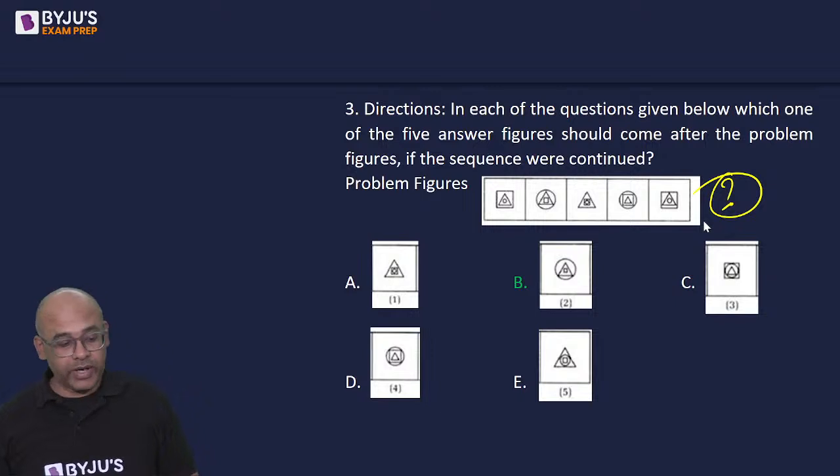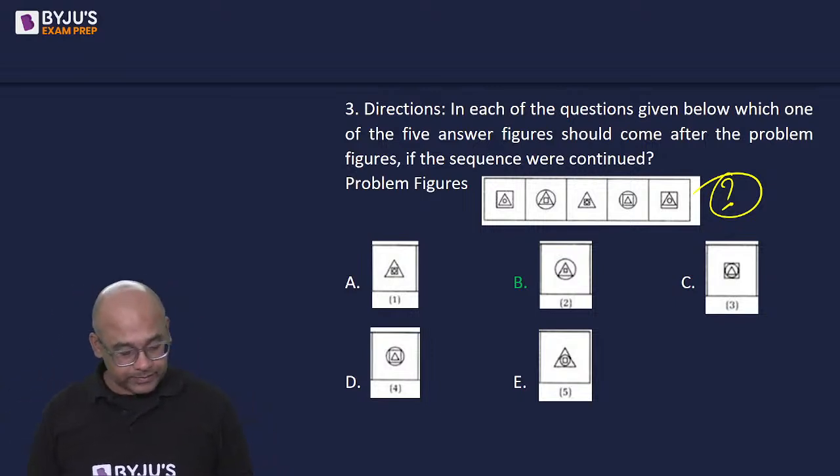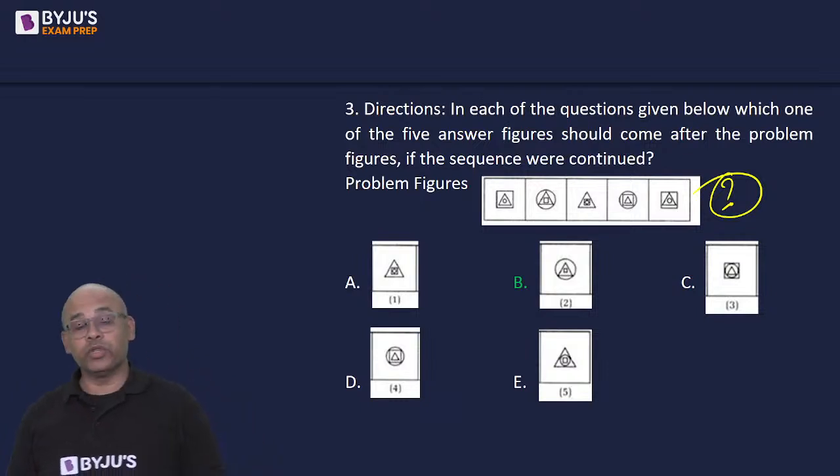So please go ahead, take a look at it, and let's see if you can get the correct answer. Okay, for those of you who have tried it and given the answers, let's notice what is happening.